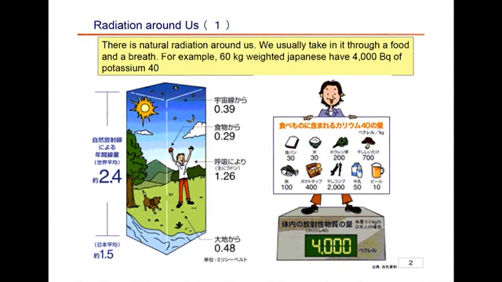As shown in the graph on the left, the world's average annual natural exposure dose is approximately 2.4 millisieverts. It is approximately 1.5 millisieverts in Japan. In the case of potassium-40, 4,000 becquerels is the amount normally present in the human body. Generally, 30 becquerels are contained in 1 kilogram of rice, as shown here.